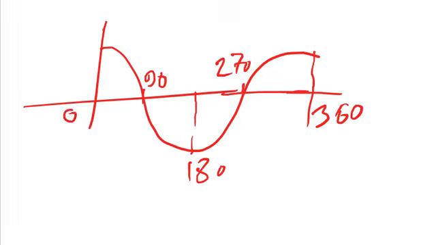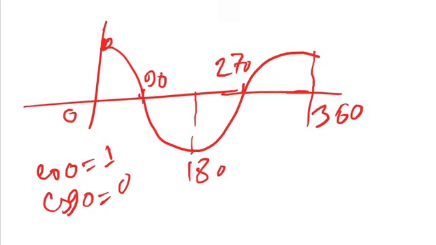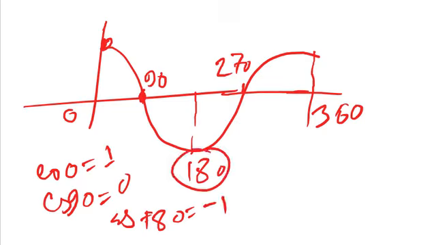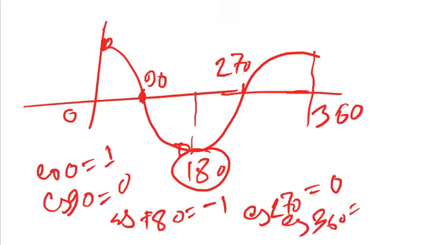Why they can say this is the cos wave diagram: because it maintains cos 0 degree equals 1, that means maximum, and cos 90 degree equals 0, and cos 180 degree equals minus 1, that means the negative half cycle, the direction is going negative, and also cos 270 degree equals 0, and cos 360 equals 1, the maximum.